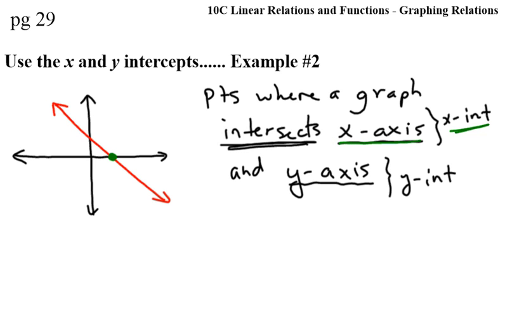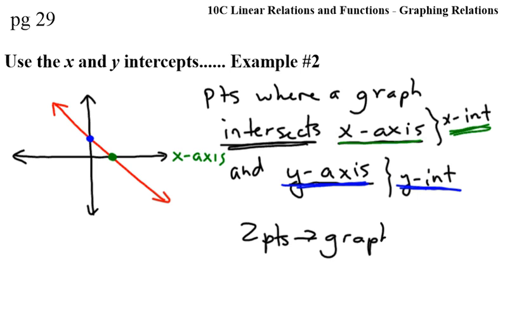Where we intersect the y-axis is the y-intercept. The x-intercept and y-intercept essentially give you 2 points, and as long as you have 2 points, you can create the graph. So that's what we're going to look at.